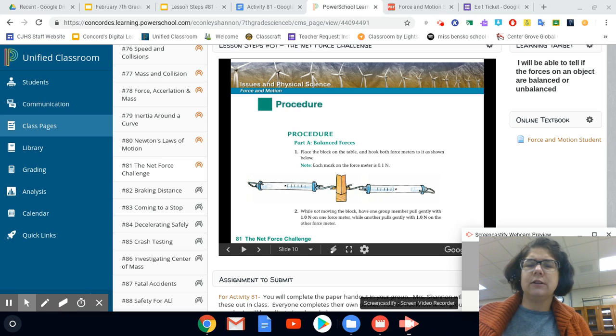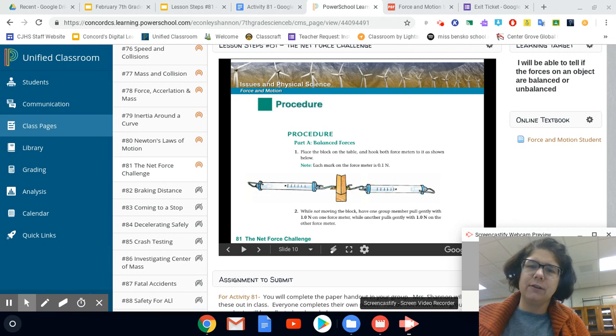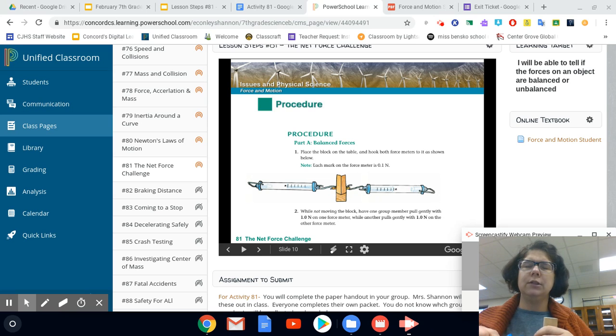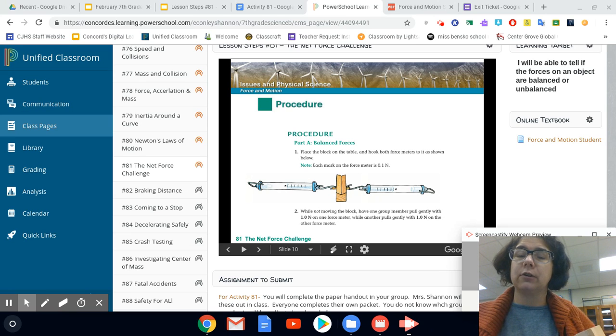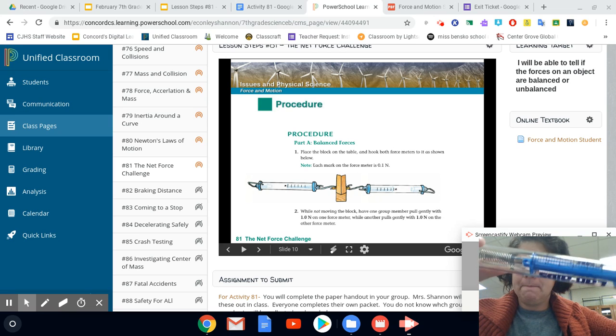Okay, each mark on the force meter is 0.1 newtons, and they are measured by every 0.5. You'll see a measurement there. While not moving the block, have one group member pull gently 1 newton of force while the other pulls another newton of force the other direction. So I'm going to put this up closer. Here we go.